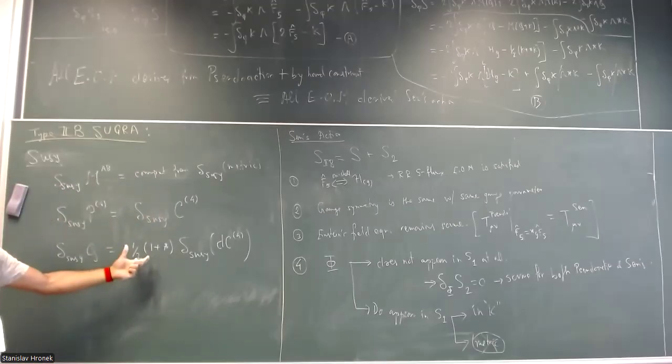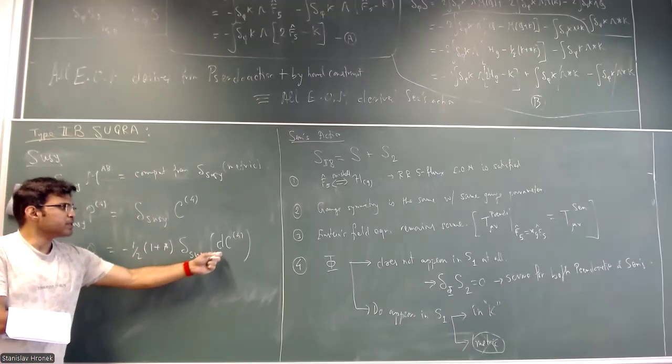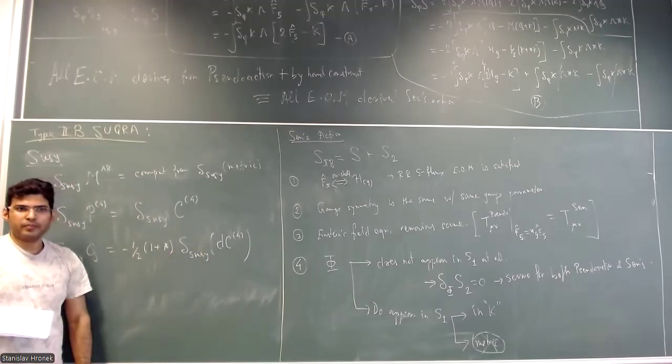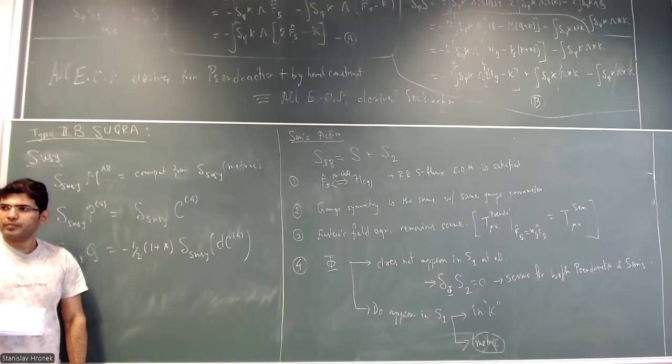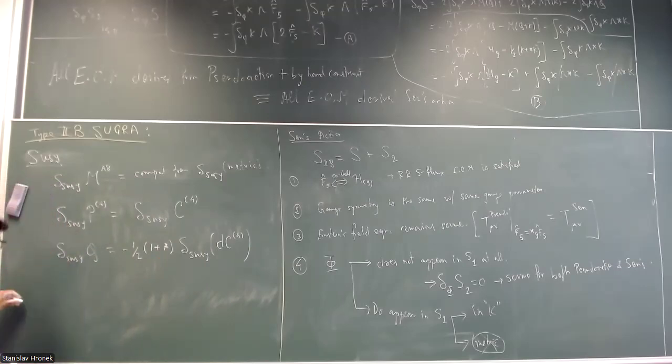Which is by taking the self-dual part of the supersymmetric transformation of the field strength form. Why? Because simply speaking, remember, we want to demand that the supersymmetric transformation of HS is 0, and this is precisely something that relates.